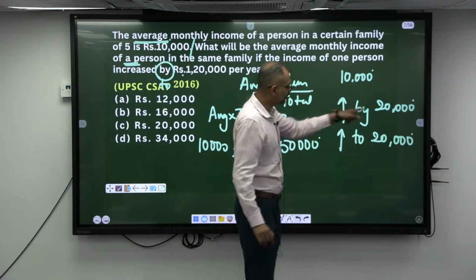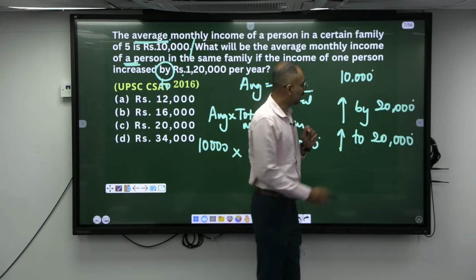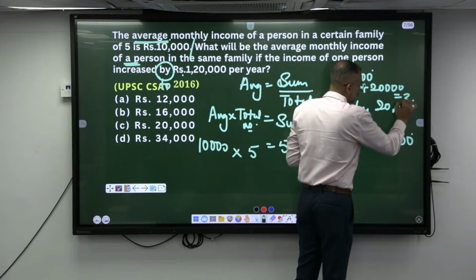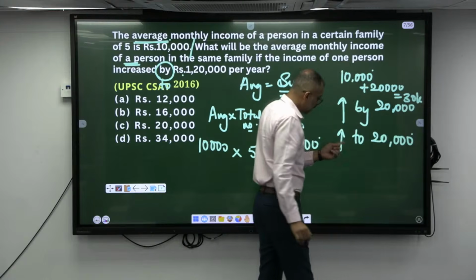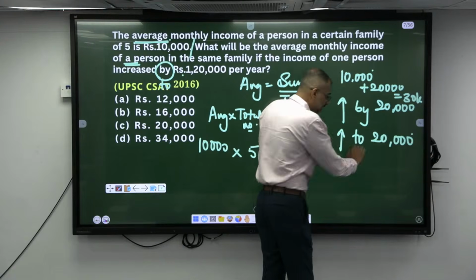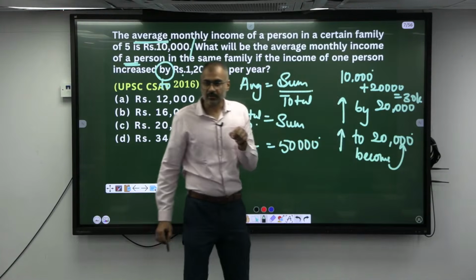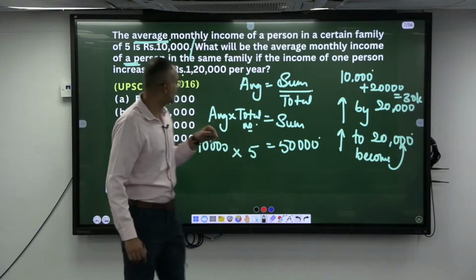Yes. Increased by 20,000 means 20,000 got added, so the salary is 30,000. Increased to 20,000 means it becomes 20,000. So know the difference here.